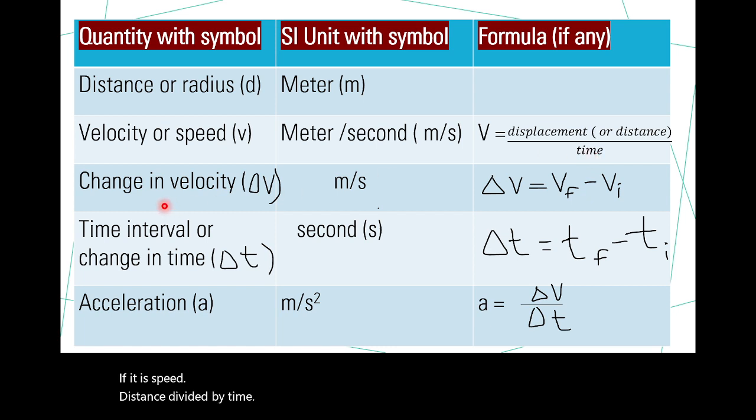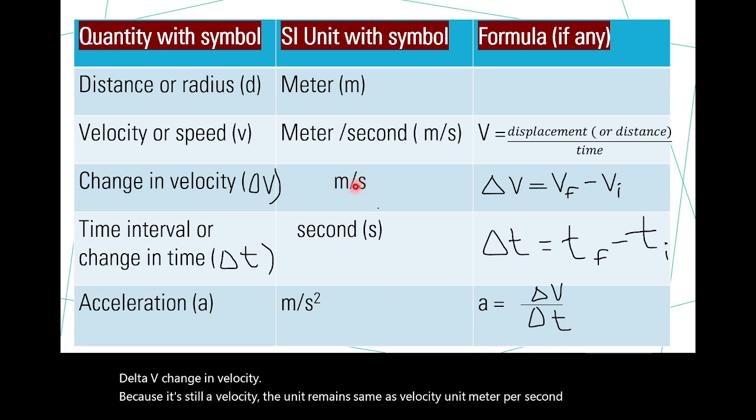Now change in velocity. This letter we call delta. This is a special letter. Delta V, change in velocity. Because it is still a velocity, the unit remains the same as the velocity unit, meter per second.